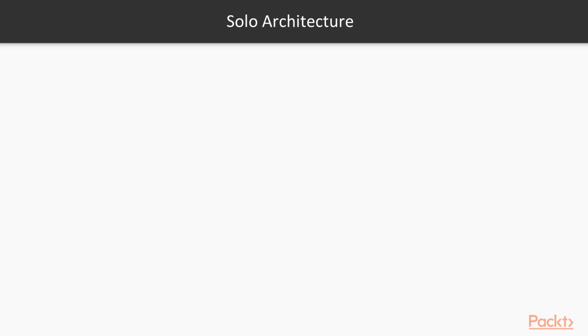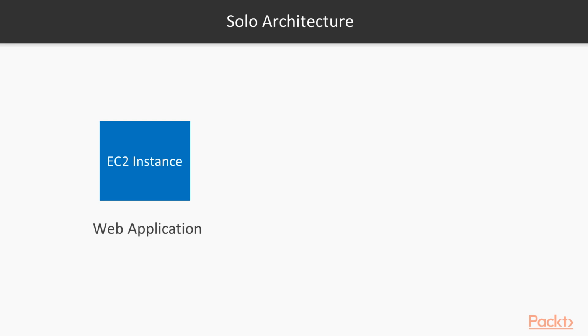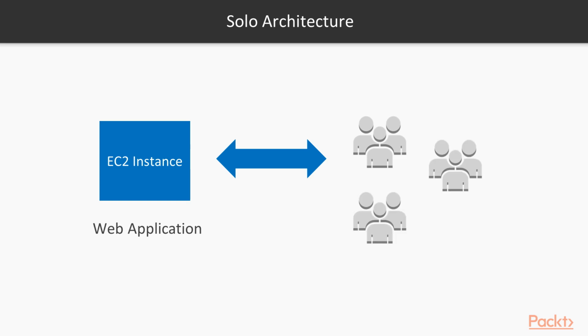So let's say you have a web application hosted on an EC2 instance. So this is being accessed by your user community. Now let's say your web application has become quite famous and a lot of users are now starting to hit your application. What happens to the performance of your underlying EC2 instance?